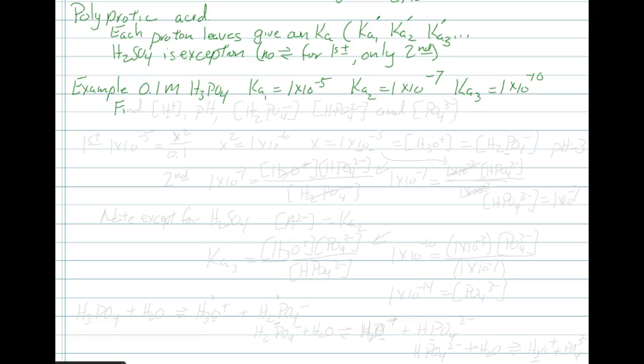Find, among other things, the hydrogen ion concentration or the hydronium ion concentration, the pH, the concentration of the H2PO4 1-, the concentration of the HPO4 2-, and the concentration of the phosphate.